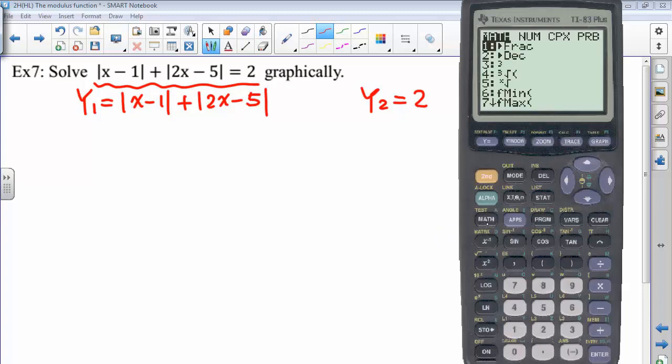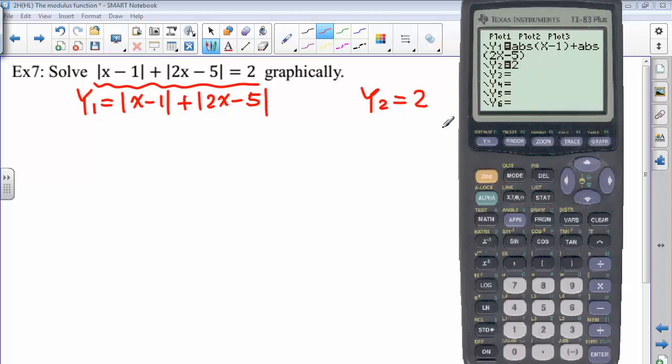We press math, then go to number. It's ABS. ABS means absolute value. Then I put x minus 1 in. Then plus the absolute value again. So let's go to math, choose number, absolute value again. It's 2x minus 5 in brackets. And the second function is 2.